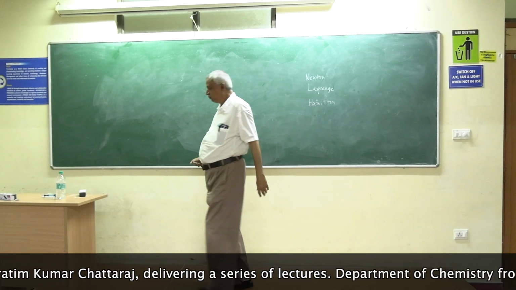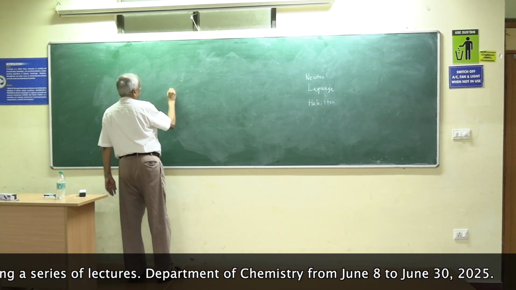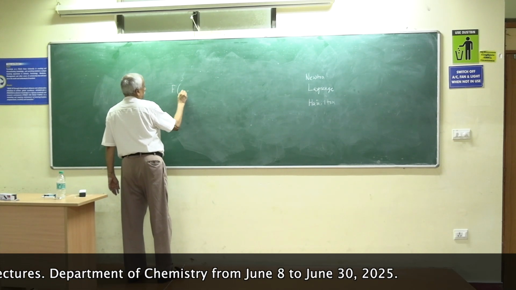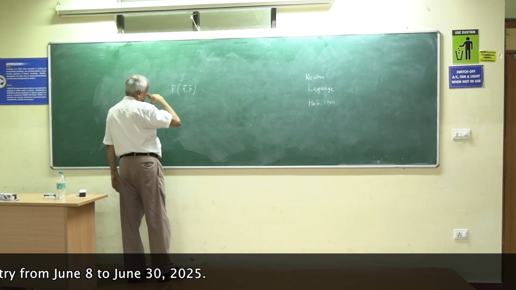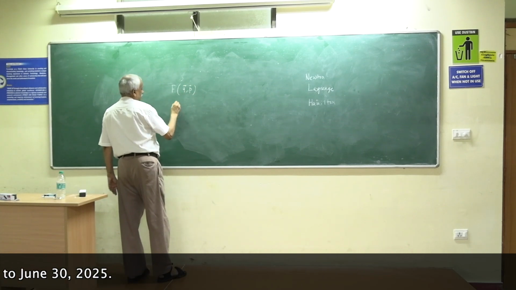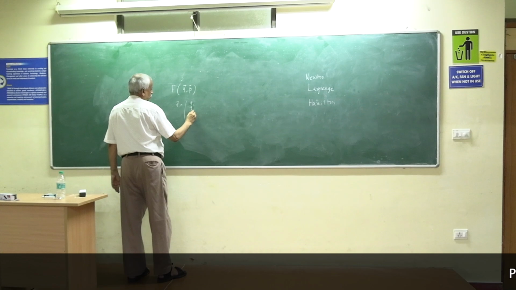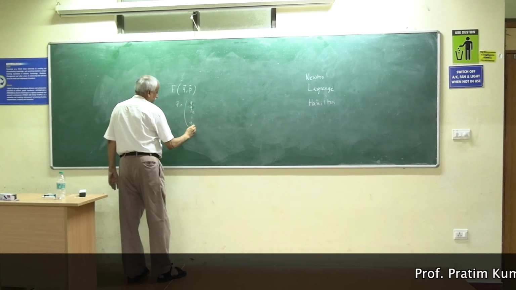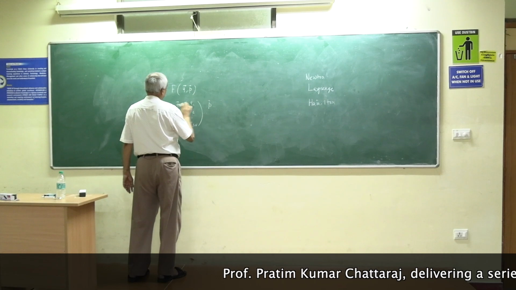That means any physical property in classical mechanics is a function of position and momentum. If I call the position vector q for a 3n dimensional space, it would be q1, q2 up to q3n, and p is the momentum vector.